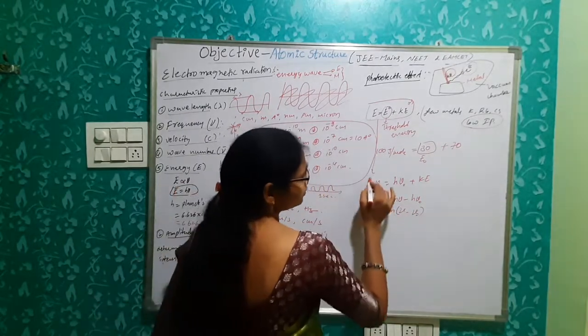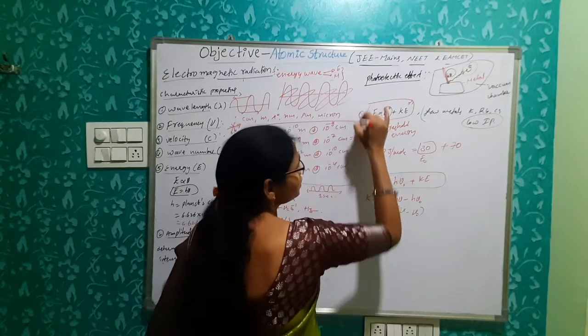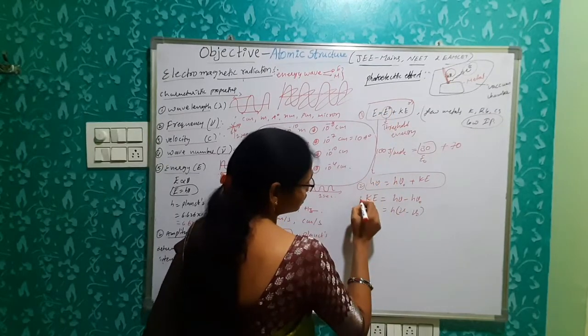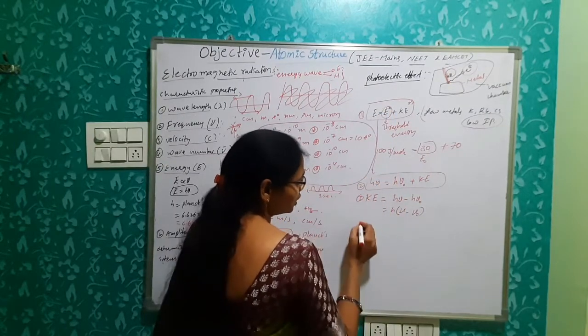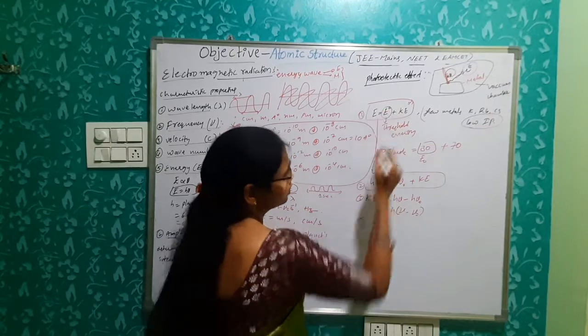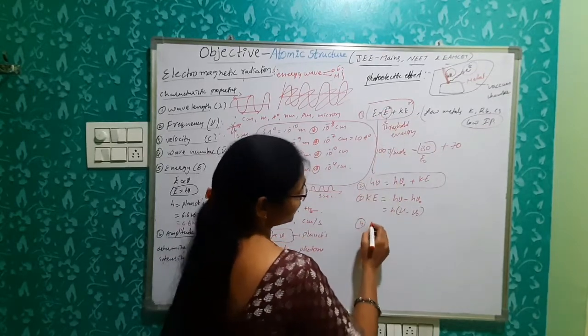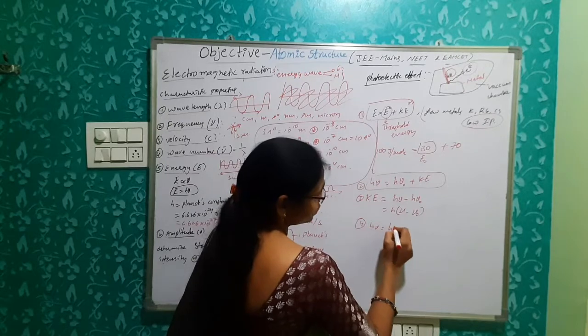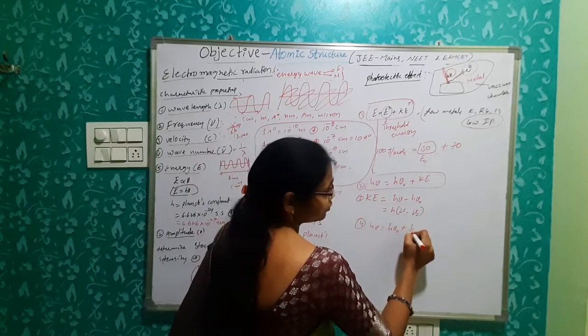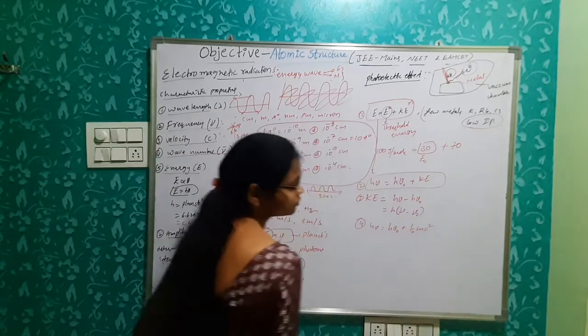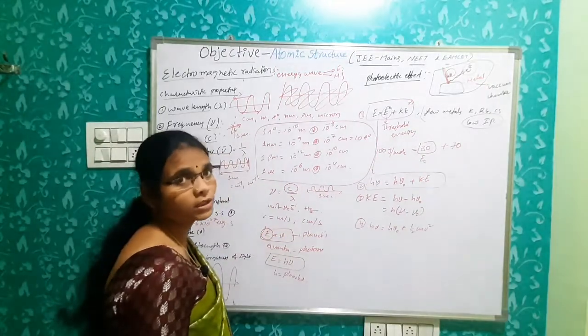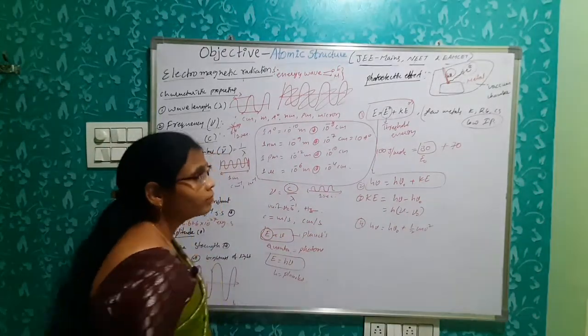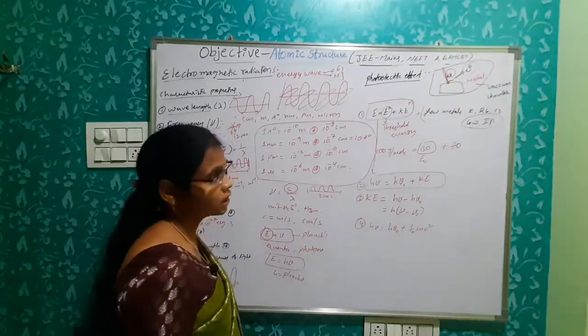So these are possible formulas. So this is the first formula, second formula, third formula. Okay. Next, the fourth formula. Simply here h nu minus h nu naught, Ke, is nothing but, as we know very well, half m v square. So these are possible formulas for the photoelectric effect.